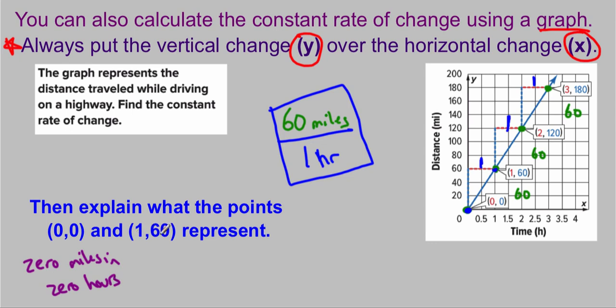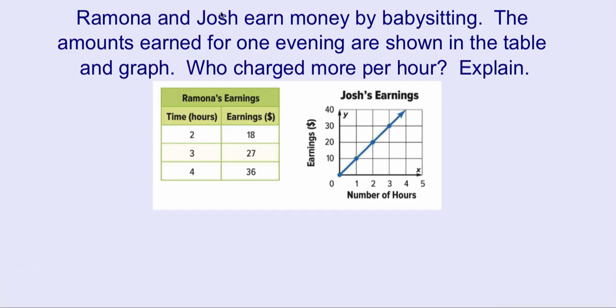The point 1 and 60. Look at 1 and 60: a 1 on the x, a 60 on the y. So 60 miles in 1 hour. They traveled 60 miles in 1 hour. That's what those points represent. They're representing real measurements.